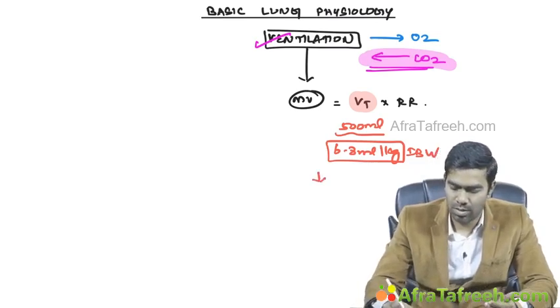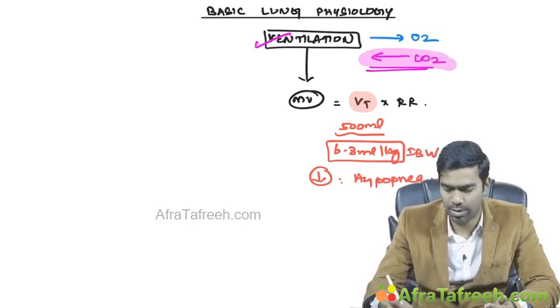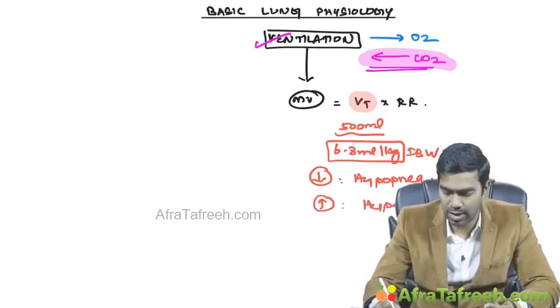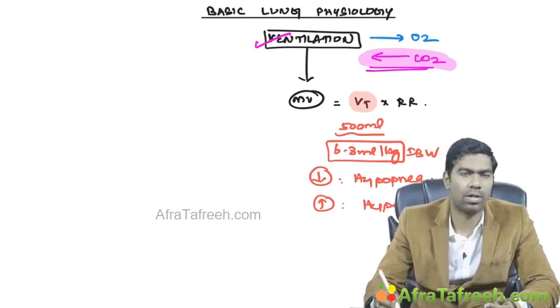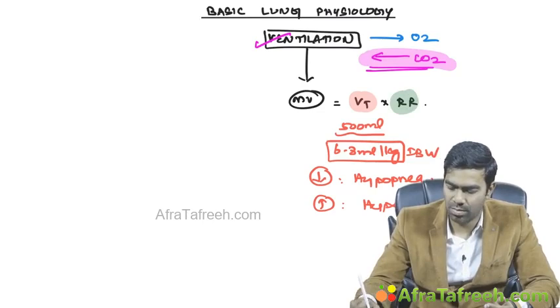Suppose your tidal volume is low, we say this patient has reduced depth of respiration, or we call it hypopnea. If the tidal volume is high, we say these patients have increased depth of respiration, and we call it hyperpnea. Similarly, your normal respiratory rate is from 12 to 20 per minute.